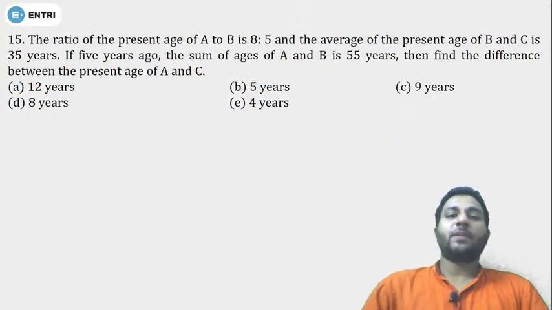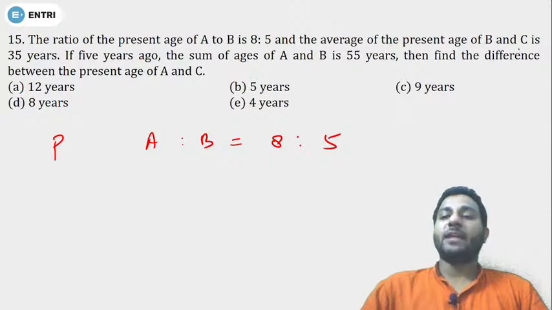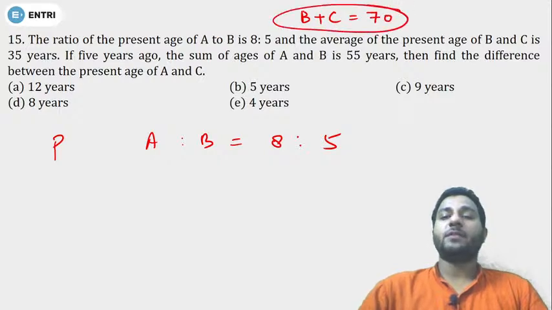The ratio of the present ages of A and B is 8:5, and the average of the present ages of B and C is given, which means the total of B and C will be 70.